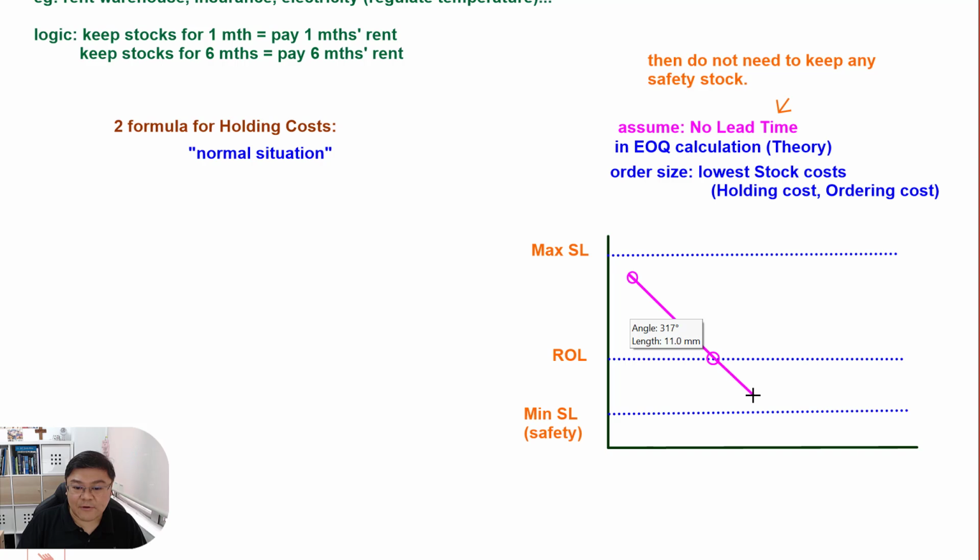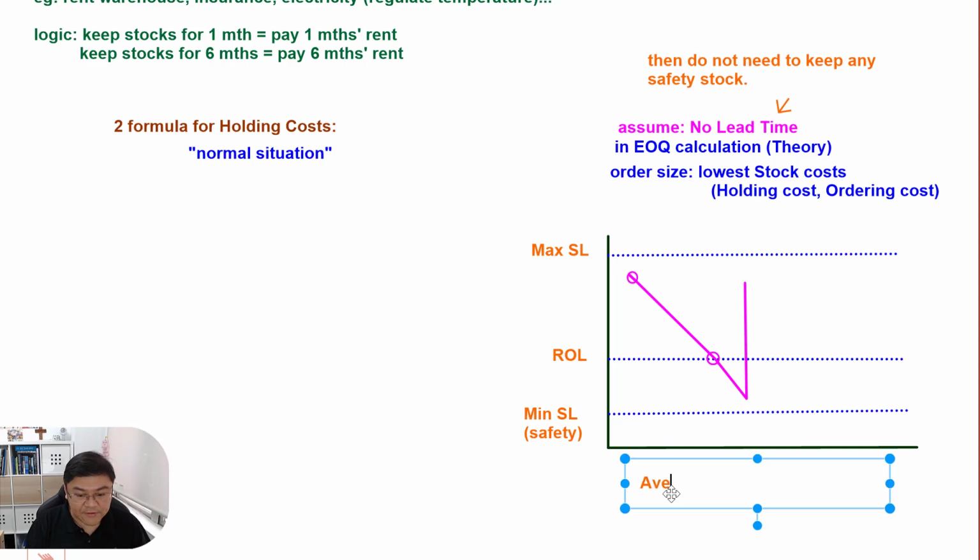So let's say now your goods fall to this level, and then the goods arrive. That's why when the goods arrive, it goes up by the order size, the reorder quantity. Now, the thing about holding cost is this: you don't hold the same quantity throughout the period, because you're selling. That's why you see the graph is going down. So logically, you will only hold what we call the average stock.